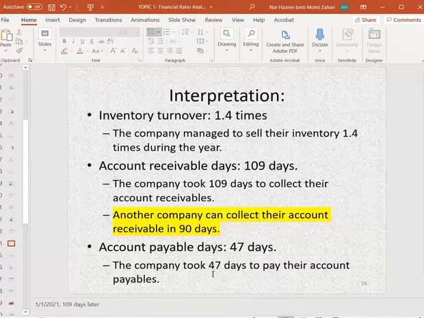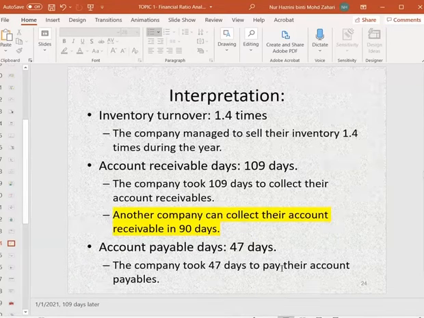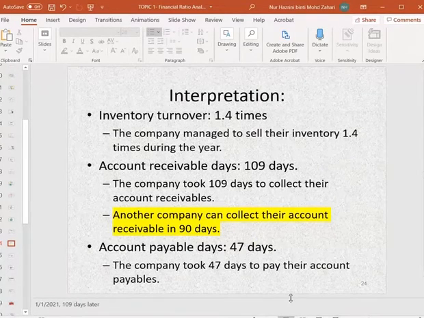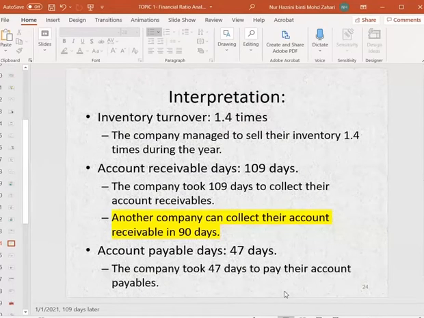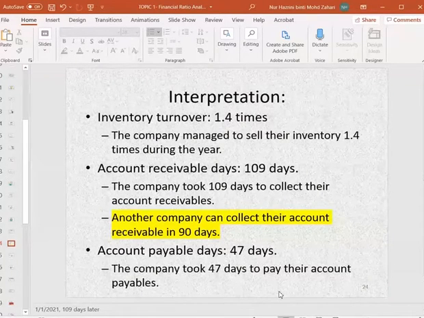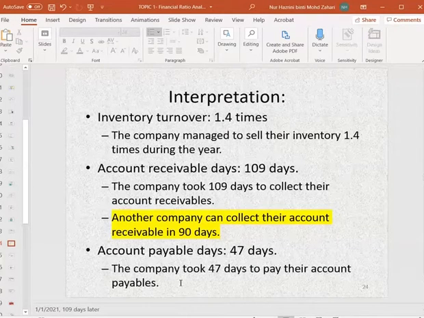And then the account payables, 47 days means the company took 47 days to pay their account payables. This one is good news to any creditors or any of your suppliers, because suppliers want to see which company is good in paying back the credit.